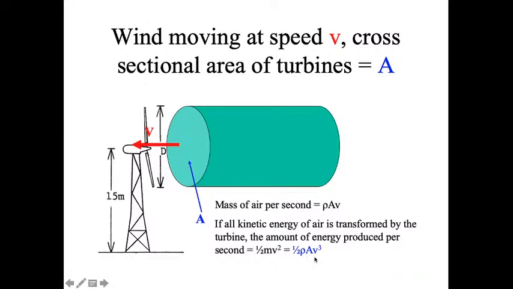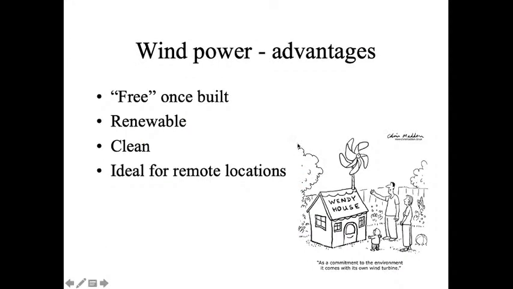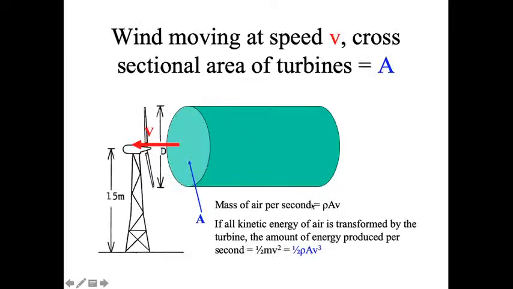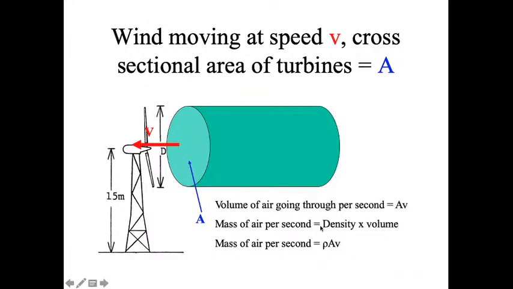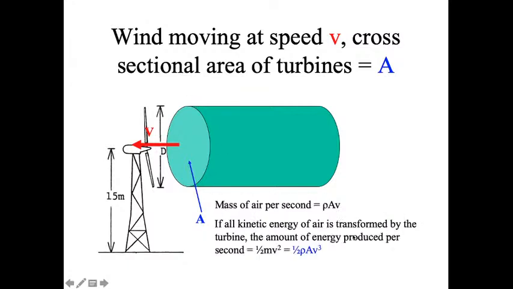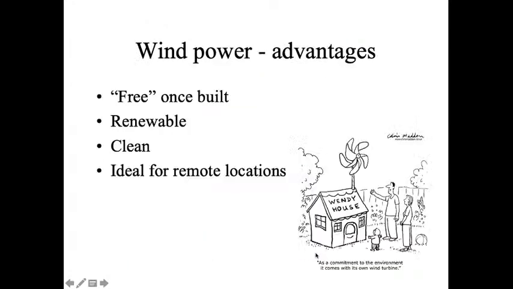So the amount of energy produced in a perfect wind turbine would be half of density, cross-sectional area, speed cubed. Hopefully you'll be able to derive that equation on your own if a question came up, just by going through that understanding of cross-sectional area, speed, density.